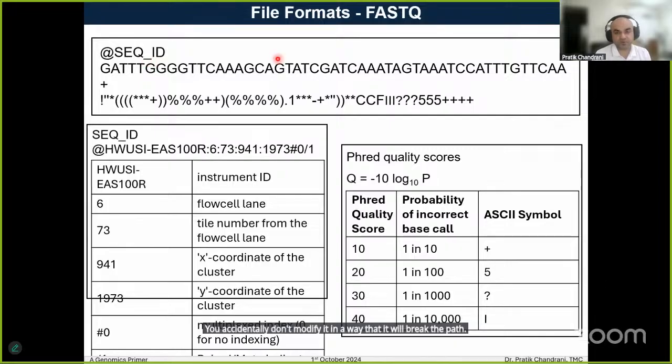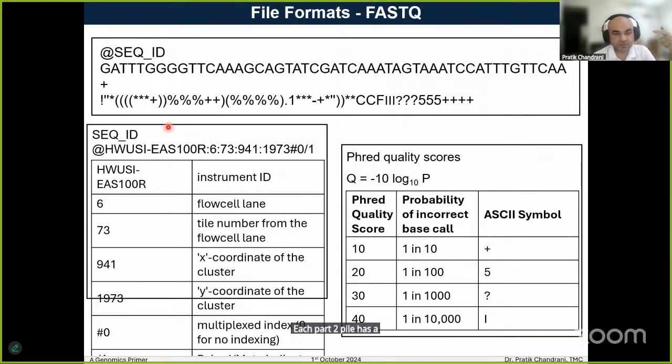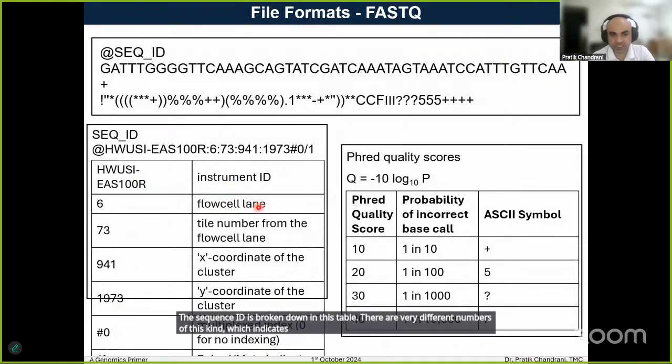So the first file that we deal with is called FASTQ. This is the file that we obtain from the NGS platform. This is called raw sequencing data or a raw sequencing file. This FASTQ file has a four-line structure. The first line is always the sequence ID. The sequence ID is broken down in this table. There are various different numbers of this kind, which indicate instrument number, flow cell length, and other details related to the machine.